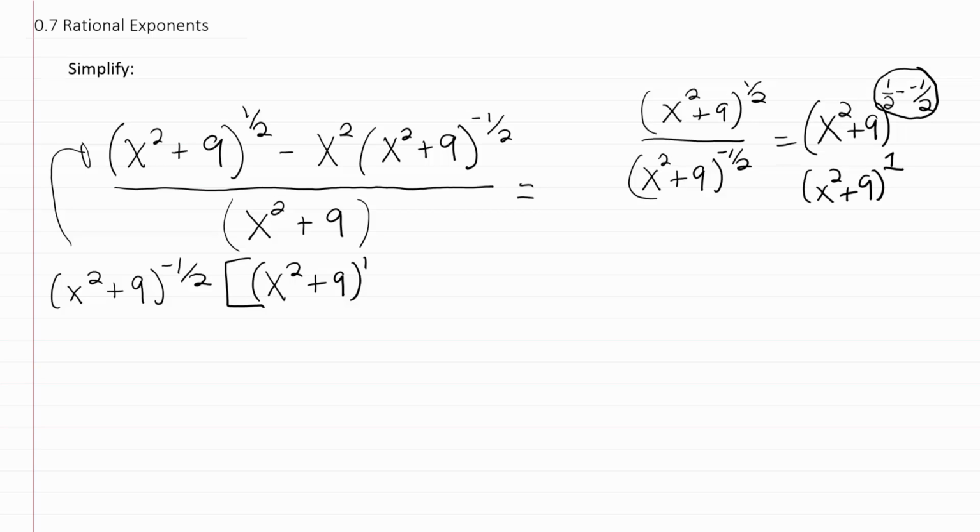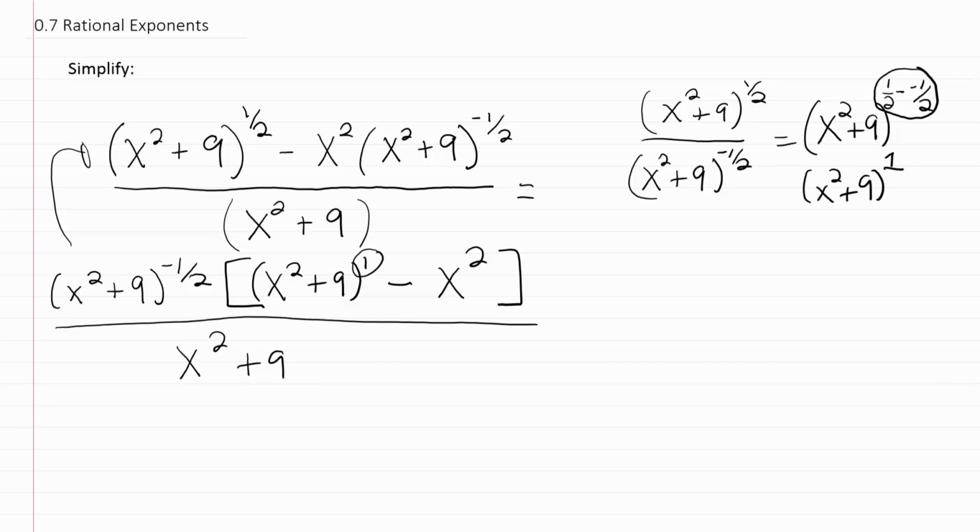Now the second term is easier because we took this piece out, it goes away, and we just have x squared. From there, the denominator remains the same, x squared plus 9. From here, we'll clean up the inside of the parentheses. So we'll have x squared plus 9 to the negative 1/2 power. Then inside the parentheses, since it's just to the 1 power, we're going to say x squared plus 9 minus x squared.